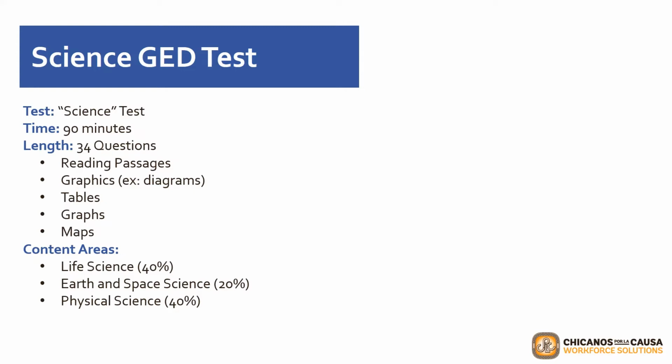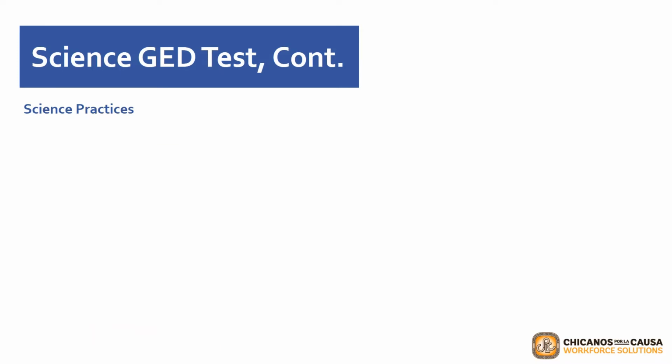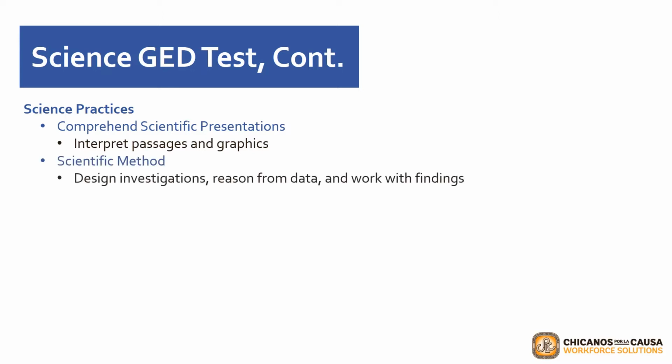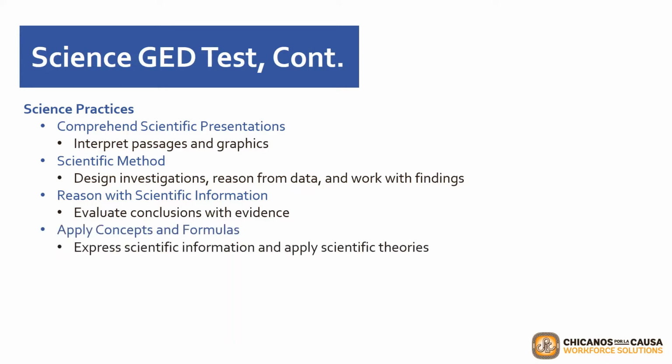These particular ranges will then be composed of topics such as the science practices of comprehending scientific presentations, such as interpreting passages in graphics, the scientific method, which will entail designing investigations, reasoning from data, and working with findings, reasoning with scientific information, which will entail evaluating conclusions with evidence, applying concepts and formulas in order to express scientific information and apply scientific theories, and lastly, use of probability and statistics, but specifically within the science context.